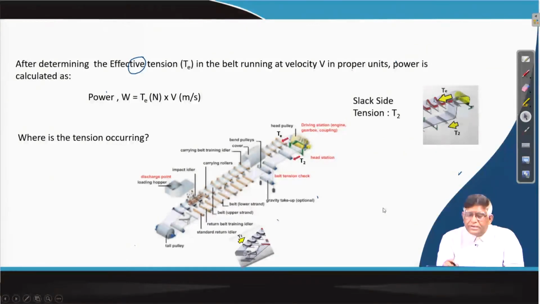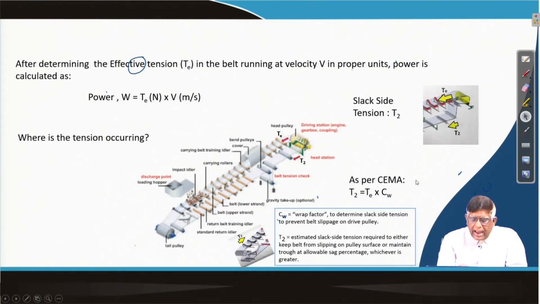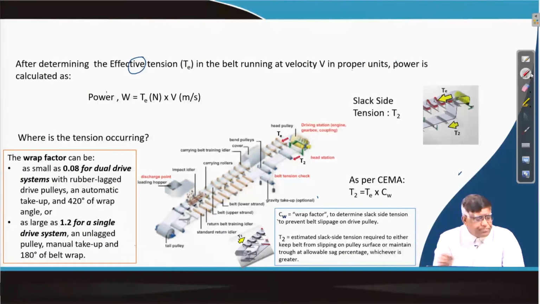On the slack side, you have T and T2, and as per SEMA they take T2 equal to T into CW, which is called the wrap factor. Traditionally, from Euler's equation, the T2 and T1 ratio is taken in the SEMA handbook as the wrap factor.